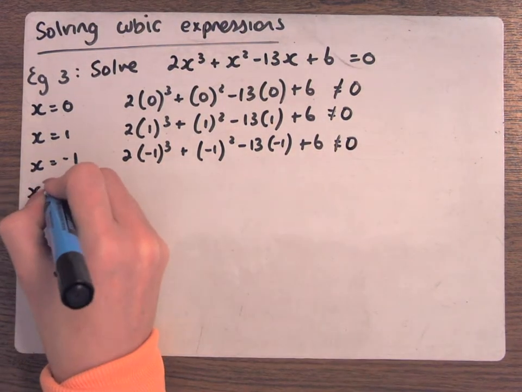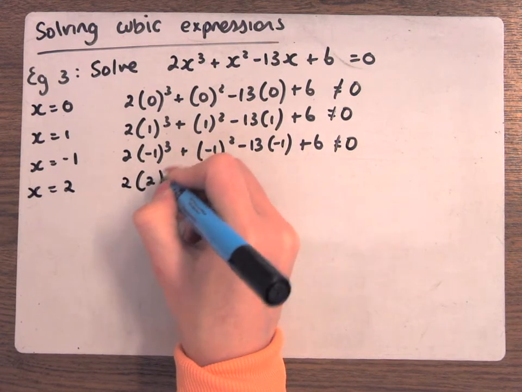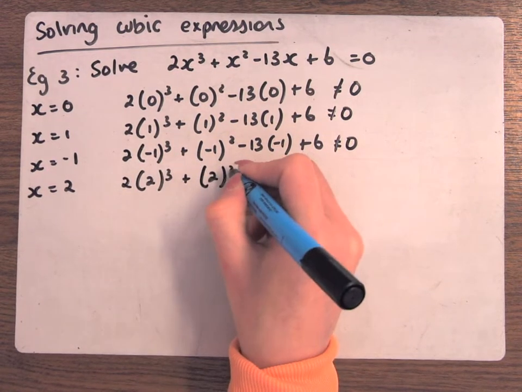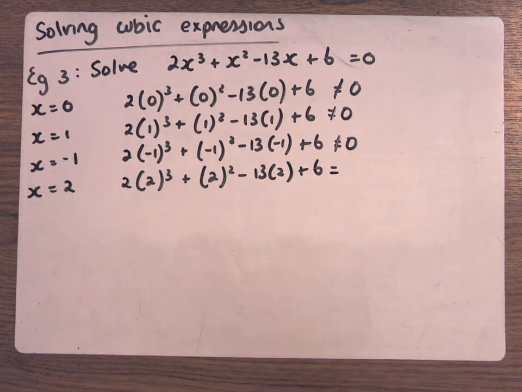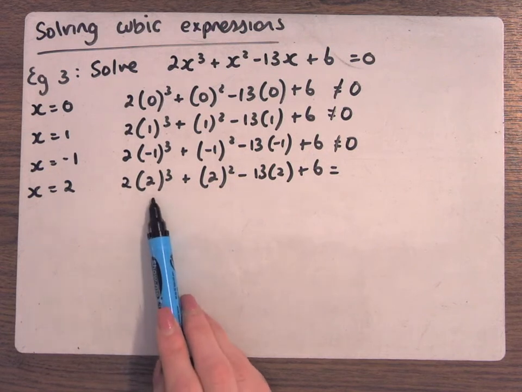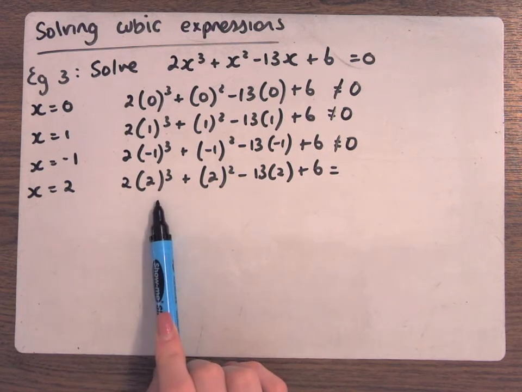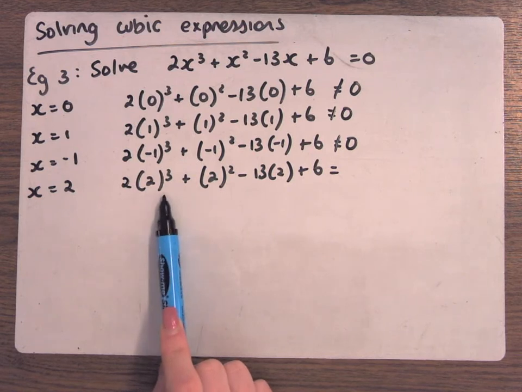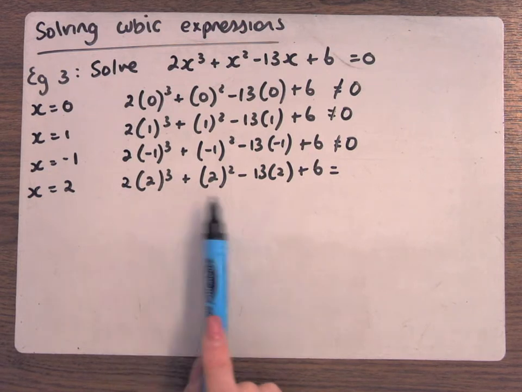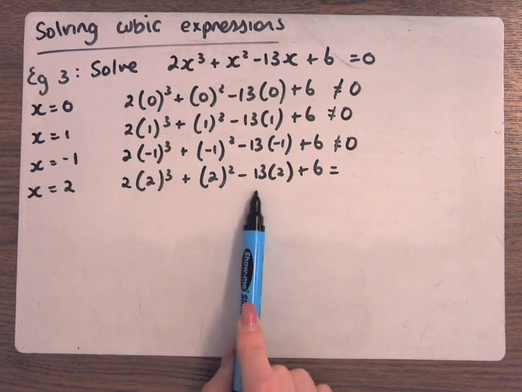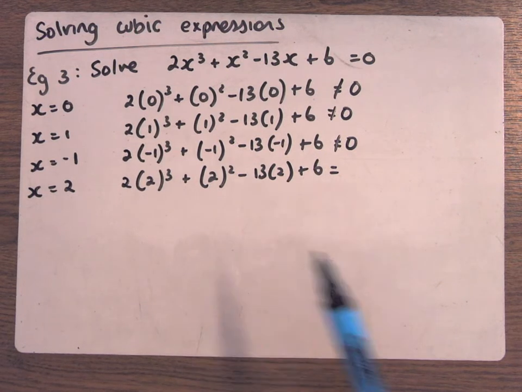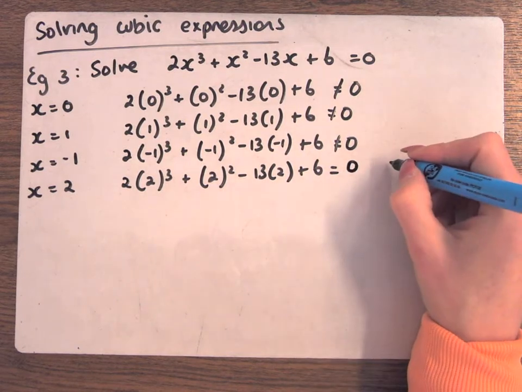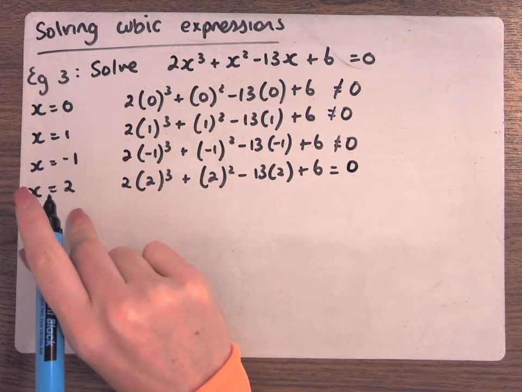So we're going again to 2. 2 cubed is 8, 8 twos is 16, 16 and 4 is 20, 20 take 26 is minus 6, minus 6 plus 6, 0. So, x equals 2 is a root.